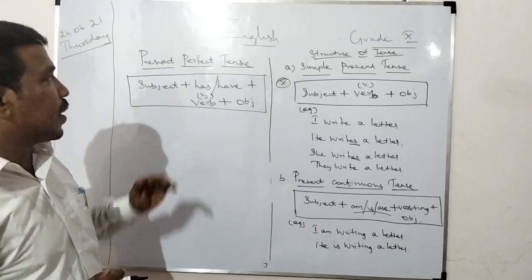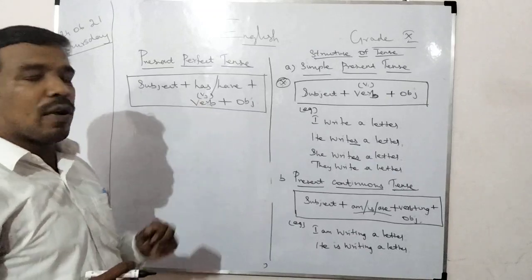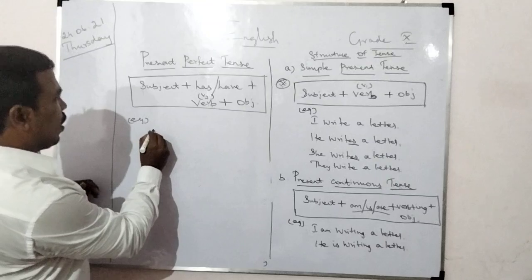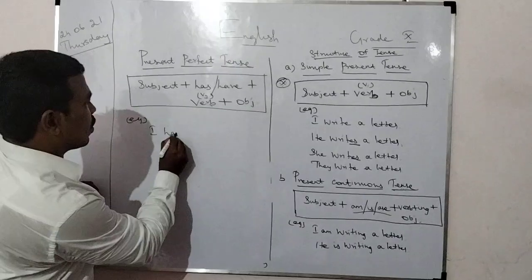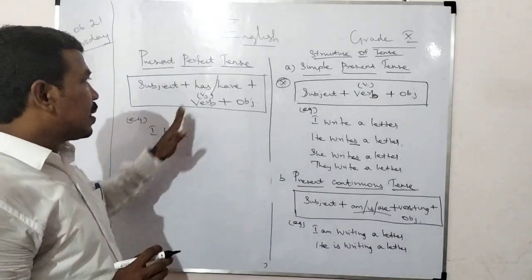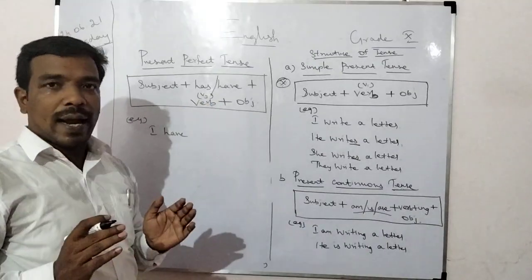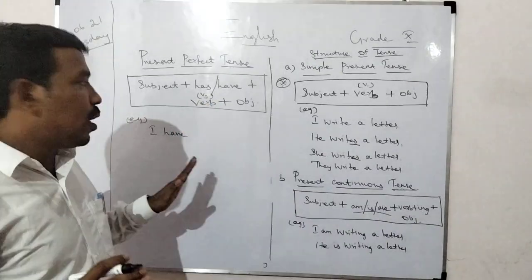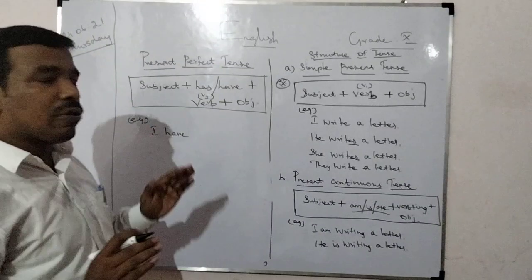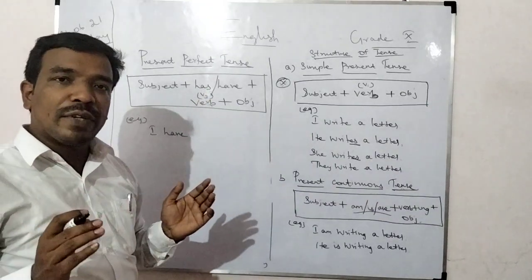Keep it in your mind: only for third person singular, he, she, it, we should use has. For all the other persons we should use have. Have you understood, students? You should be very careful with this one.